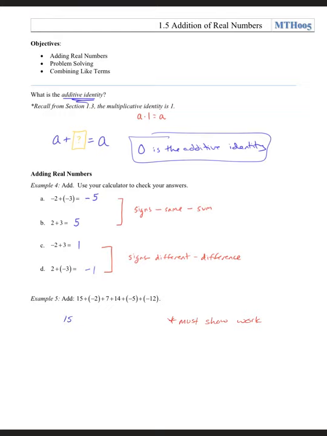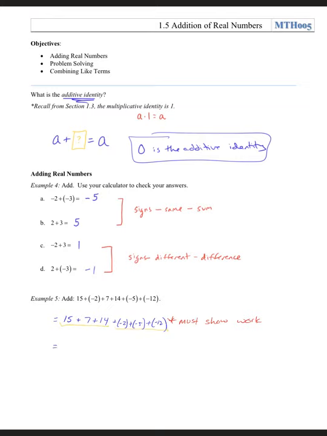So we have 15, this would be equal, so 15 plus 7 plus 14. Now I'm going to add all my negatives. So -2 plus a -5 plus -12. Squeeze it in there. Now what we can do is add up all of our positives and add up all of our negatives.